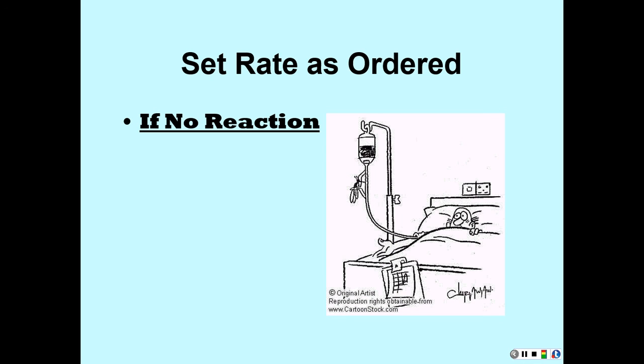Packed cells are 250 cc's. Whole blood is 500. Packed cells is mostly what we give. And if we're giving albumin, that's a volume expander anyway. So we really have to be careful there. You can set the rate at what you want it to infuse at, but you have that 4-hour limit.